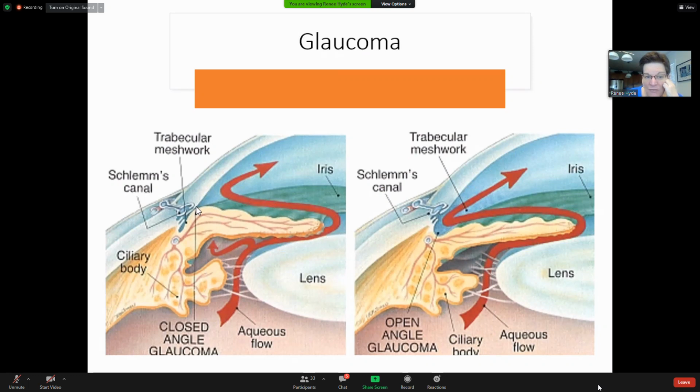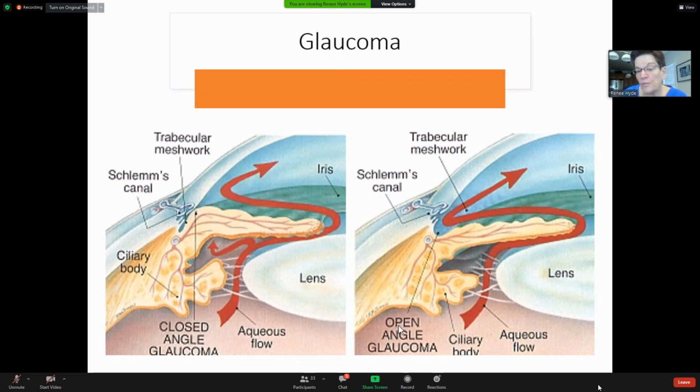And then what happens is that this angle closes. This trabecular meshwork occludes the outflow of that aqueous humor. And so that's what causes the pressure to build up. In my case, what happened was that a fragment occluded this area so that there was no outflow.